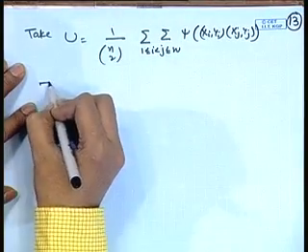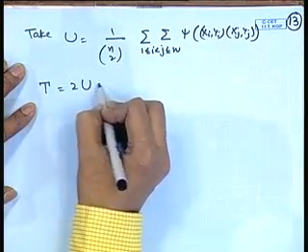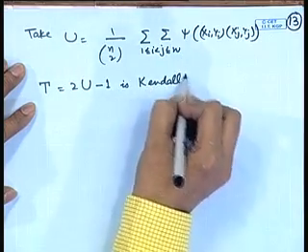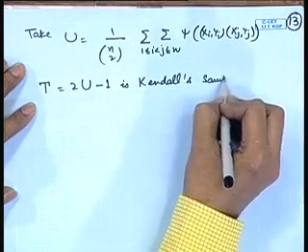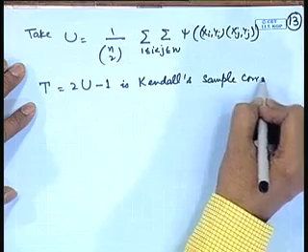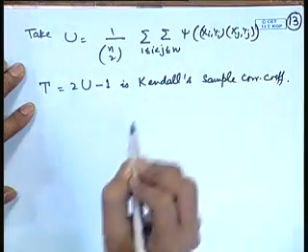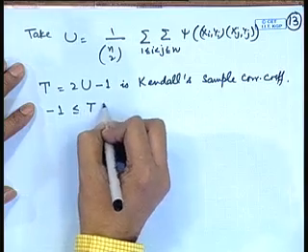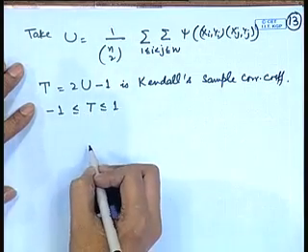Then t that is equal to 2u minus 1 is Kendall's sample correlation coefficient. Again we will have the value of t between minus 1 and 1.